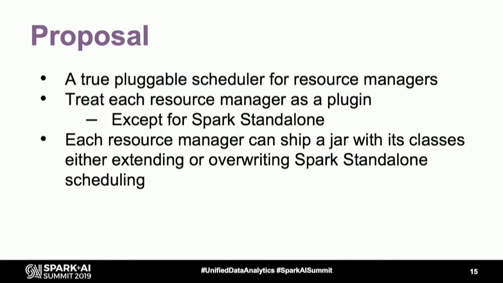So it should be the base that all the other resource managers' plugins reuse. So each resource manager can then ship its own jar file, or multiple jar files, depending on how they want to break it up, with its classes either extending or overriding the Spark Standalone scheduling.